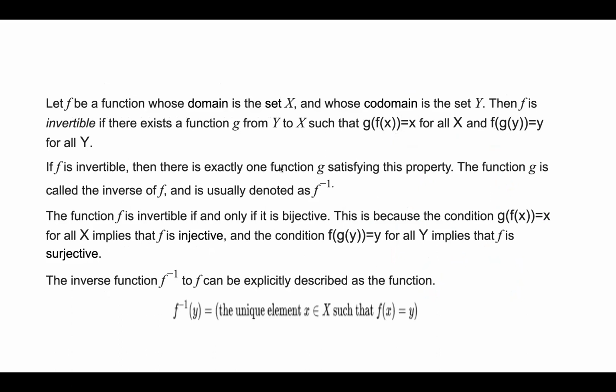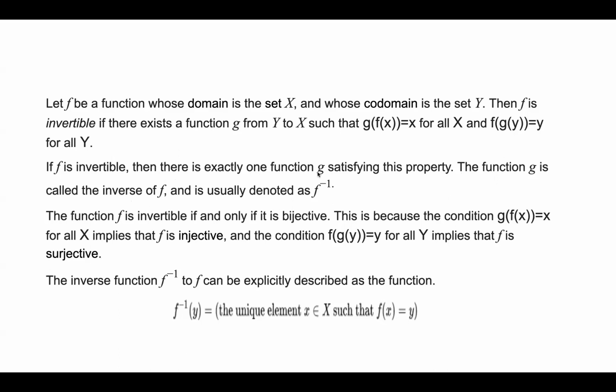It gives us the values of x and y when we perform the composition of inverse function and the original function. If f is invertible, then there is exactly one function g satisfying this property.